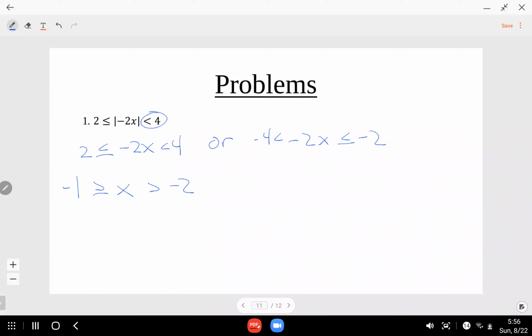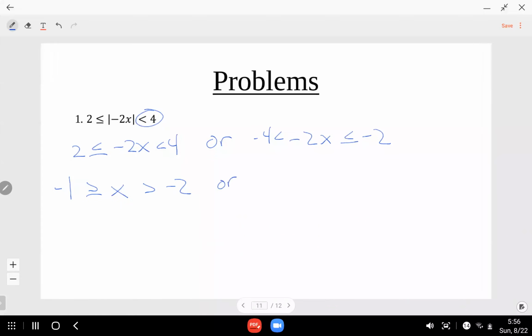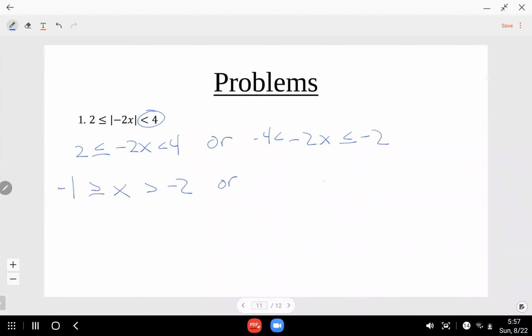Or you can get the other case. Divide by -2 again and switch the signs again. That's what we get, the same exact thing.